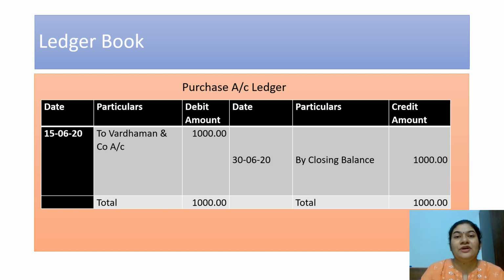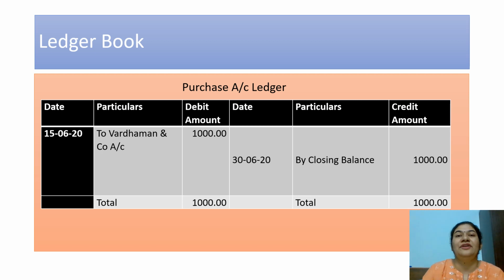The entry was purchase account debit to Vardhaman and Company. So the purchase account is a debit amount. Here on the debit side, you will put the date of the transaction and write "To Vardhaman and Company account 1000". If there is any other transaction with Vardhaman or any other vendor of the company, the same entry will again be posted in this ledger.